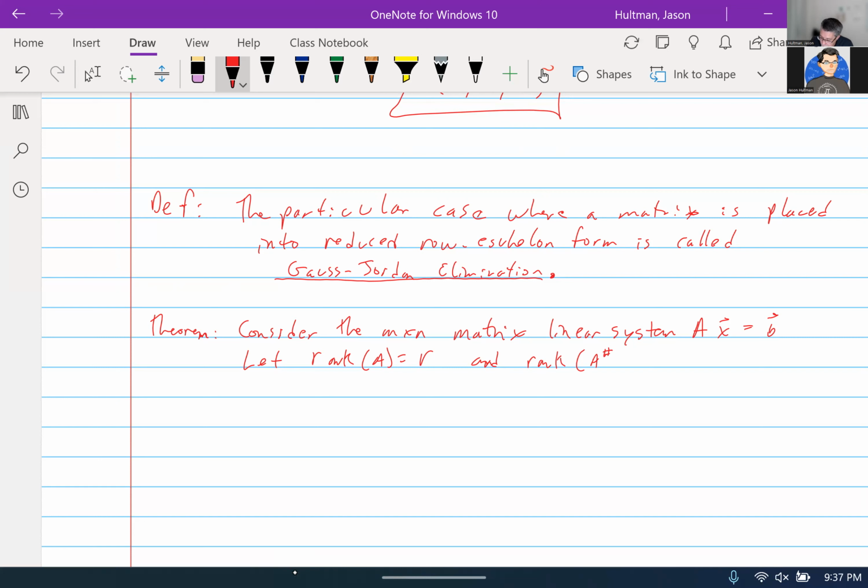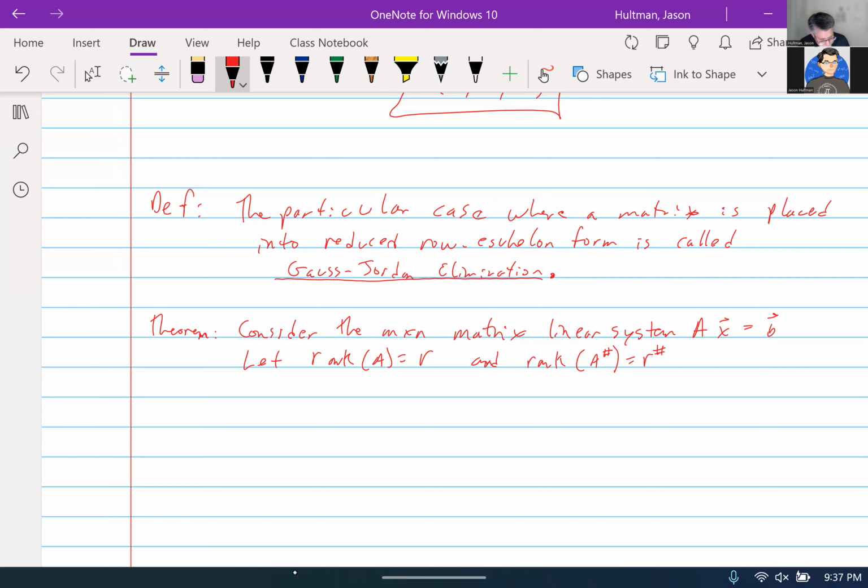So the rank of A is R, and the rank of A star, that's my augmented matrix, includes vector b. It's A and b together, but with that augmented line. The rank of A star is equal to R star, or R pound.